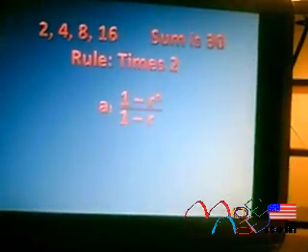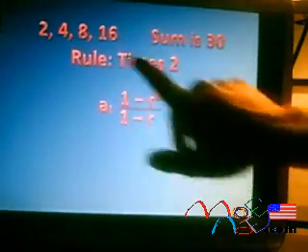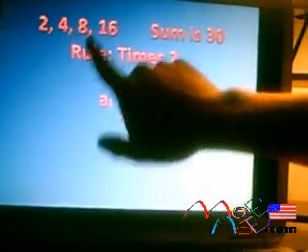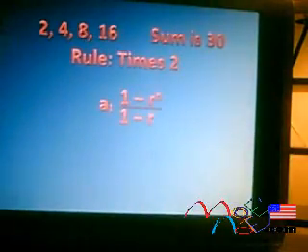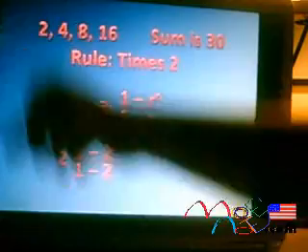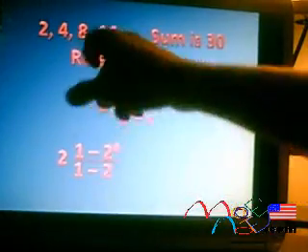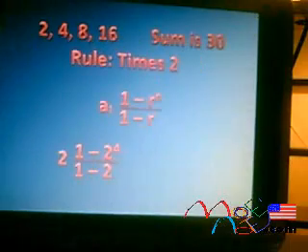And the equation is a1 times 1 minus r to the n, which is 4. There's 4 terms, over 1 minus r. So let's go ahead and plug everything in. 2, there's 4 terms, so it's 2 to the 4th, divided by 1 minus 2.